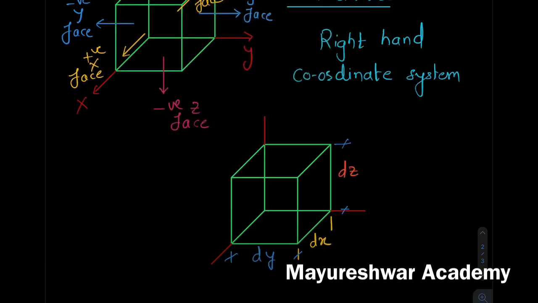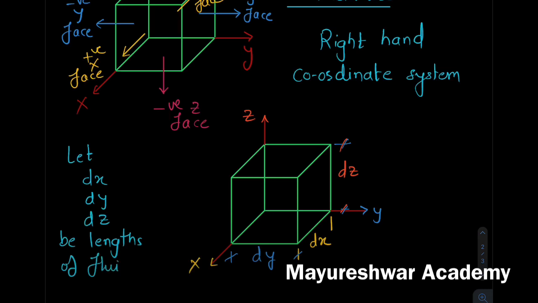Horizontal is dy, vertical is dz. We are going to use 3 different colors for formulating fluxes in 3 different directions. So this is x. Let the dimensions dx, dy, dz be the lengths of the fluid element.